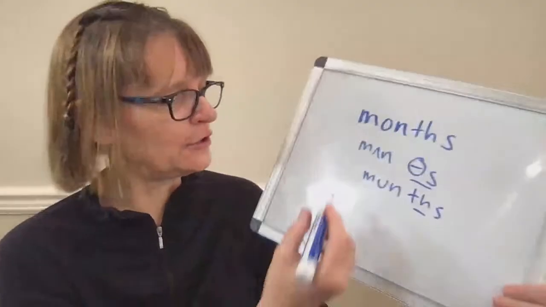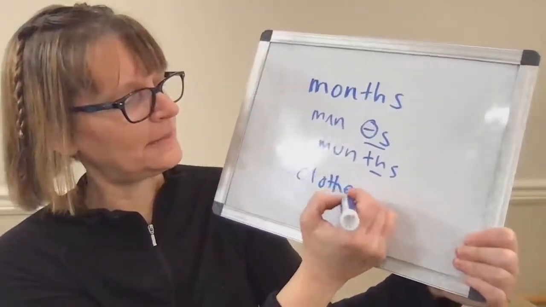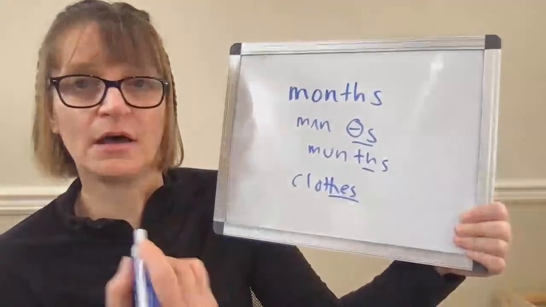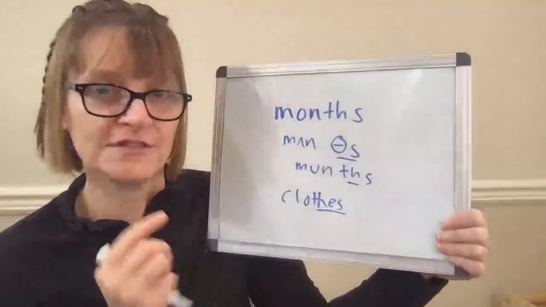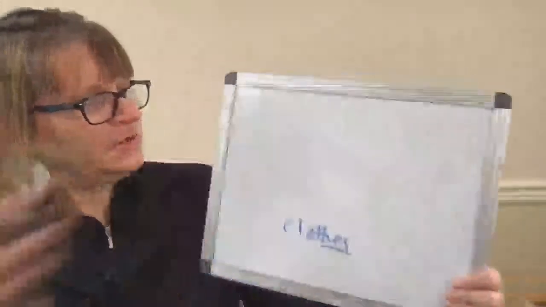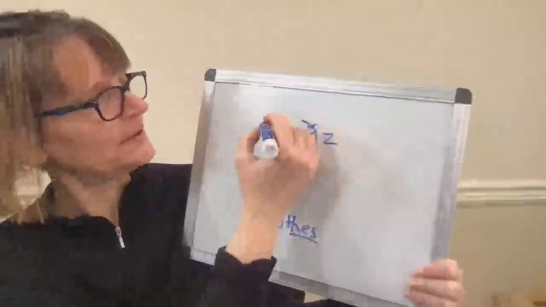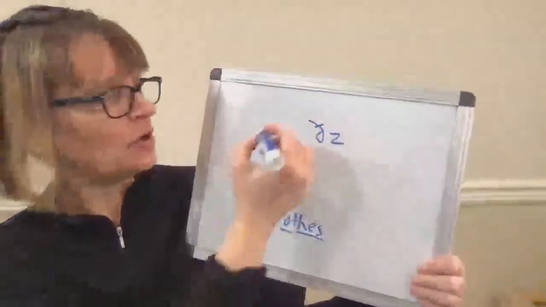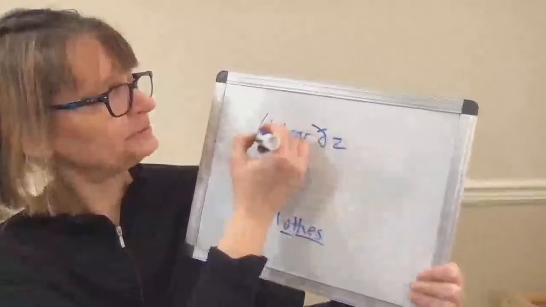And then for clothes, this one, I would say most native speakers don't always say the th in clothes. So it's a voiced TH sound and a Z sound. This O does say O, so clothes.